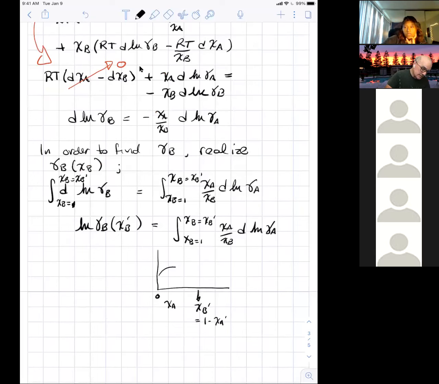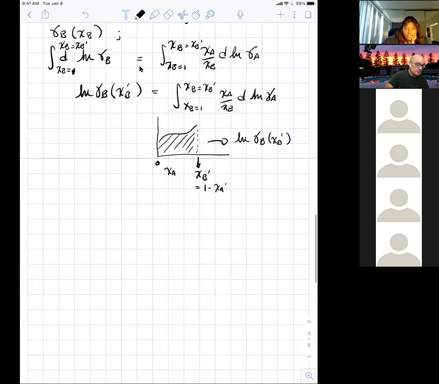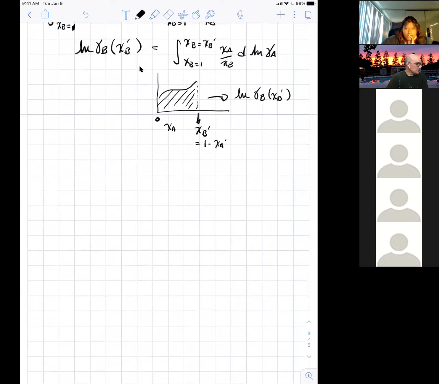We have this function, whatever it looks like. We find the area under the function, and this equals the log of that activity coefficient, right? So this is that problem. Basically, it's very similar conceptually to that problem we had on the test, where you have to do an integration for every value that you're interested in, for every mole fraction that you're interested in. But it's doable. I believe DeVoe has an example question like this.